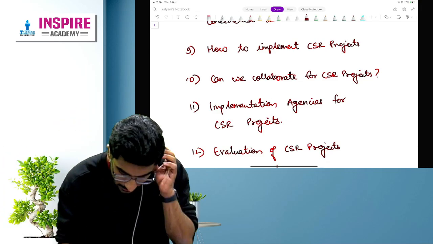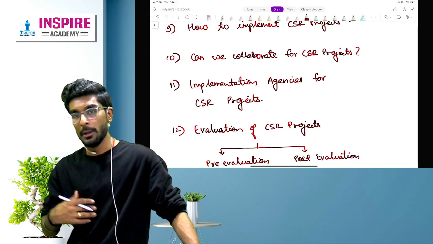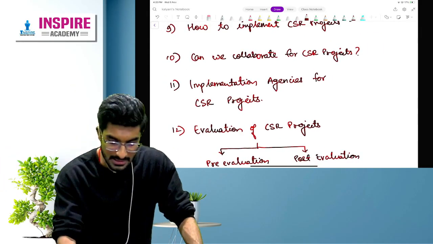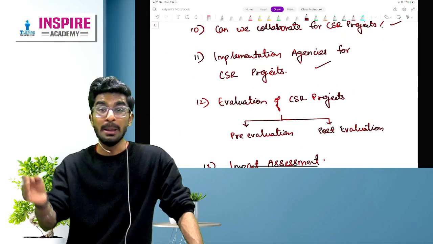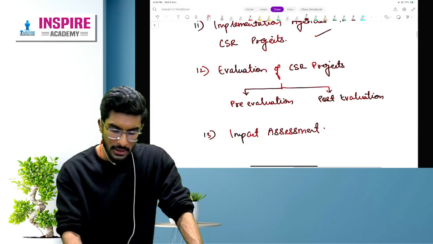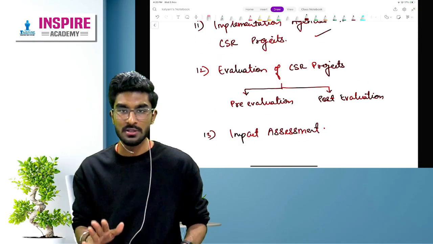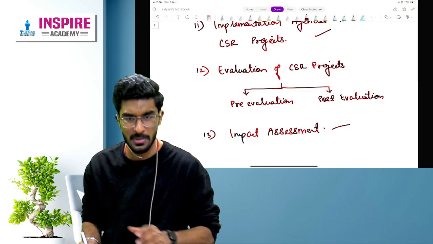Also, we're going to understand CSR projects. Then can a company collaborate with other companies to implement its CSR projects? Then implementing agencies, what are the implementing agencies for CSR projects? And then pre-evaluation of a CSR project, post-evaluation of a CSR project, and last is impact assessment.